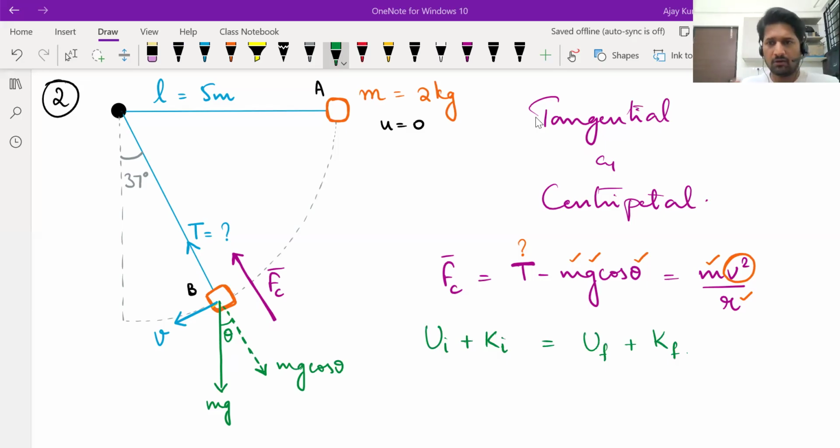It's your choice. You can call any one level zero height. The equation will be correct anyway. So let's call the initial level the zero level. Nothing wrong in that. Since it's the initial height, h1 is zero. Then this final height, since it is below the initial level, will be negative.